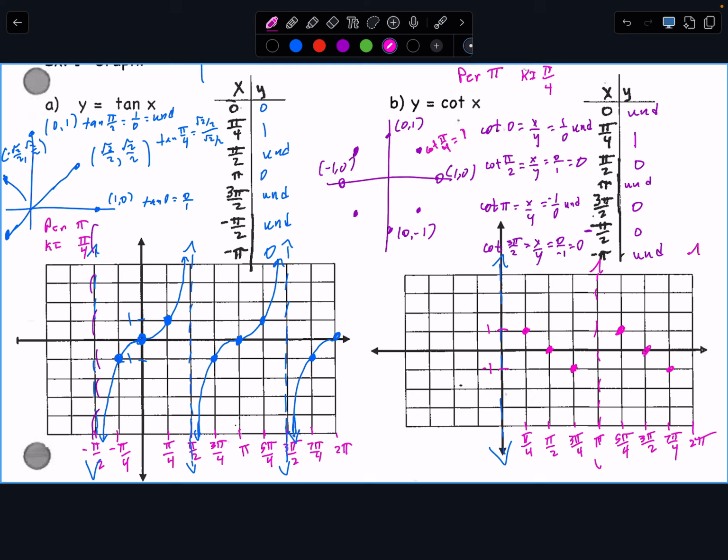And at 2 pi, it's the same as at 0. We have another vertical asymptote. And so cotangent is an overall decreasing function. And again, it's going to look like an x cubed where it changes from concave up to concave down at that 0.